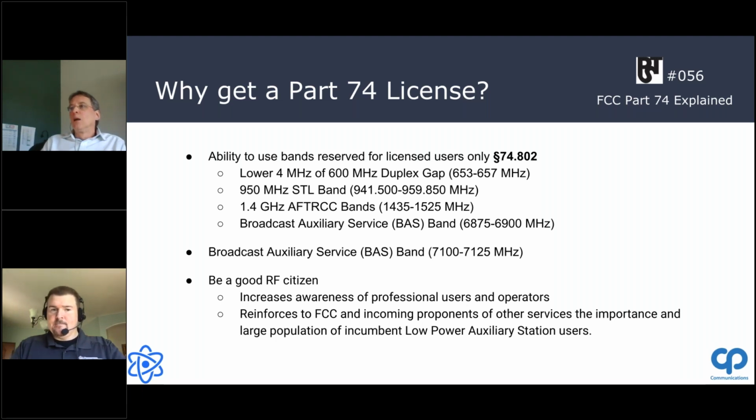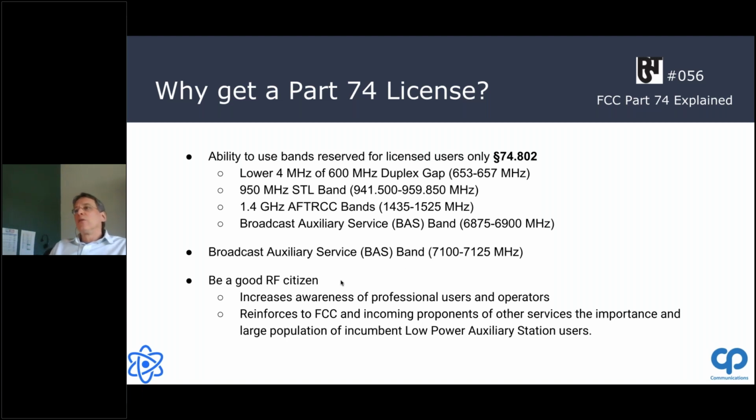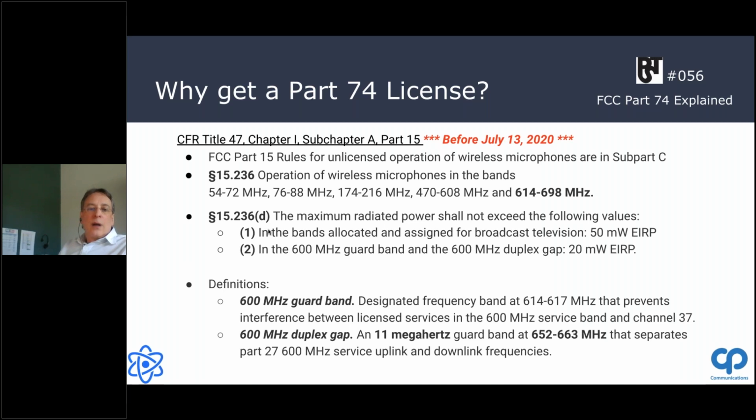Correct. So actually now, if you go back to the previous slide, so there you go. So we talk about why get a Part 74 license, because it gives you advantages over Part 15 users. Well, let's look at Part 15 and see what your limitations actually are.